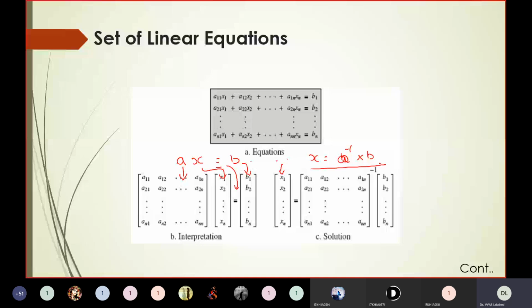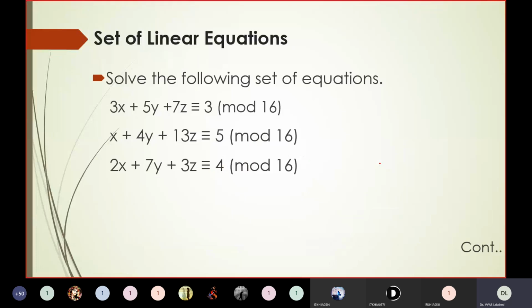The same process, but here we are going to use matrices. The operations are performed on matrices only. In case of a single equation there is no need of matrices, but here a set of equations is there, so we will use matrices. So here these are the three equations. That's why all the three equations are going to be put into matrix form.